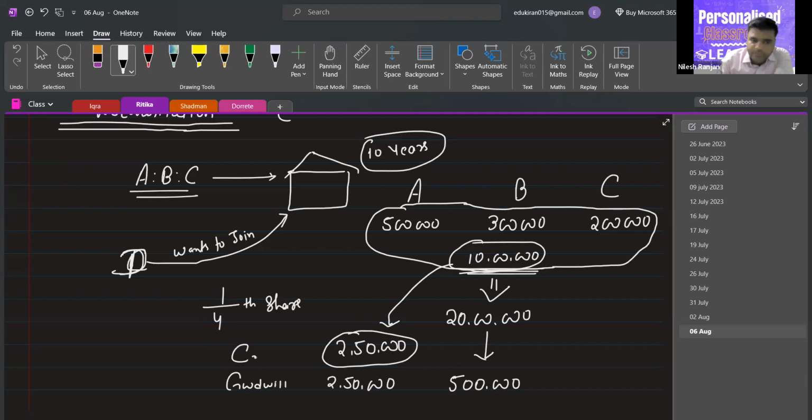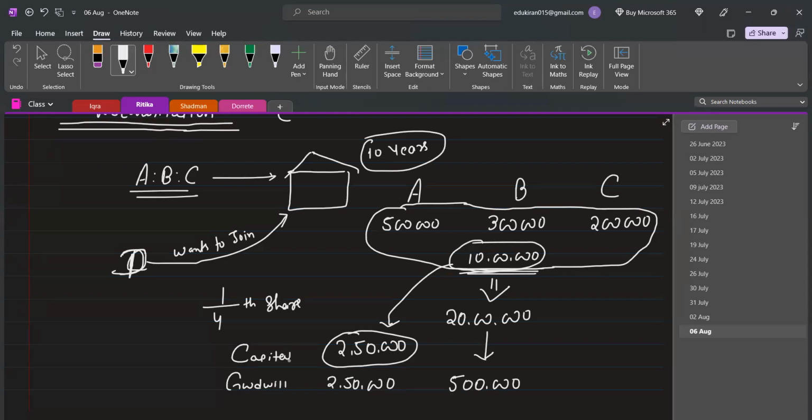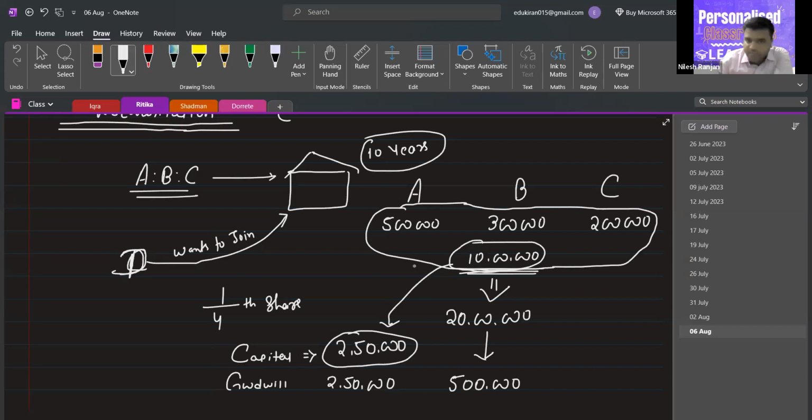He is bringing 2,50,000 as the proportionate share of the capital of the old partners, that is A, B, and C, and he is also bringing 2,50,000 for the efforts made by A, B, and C.